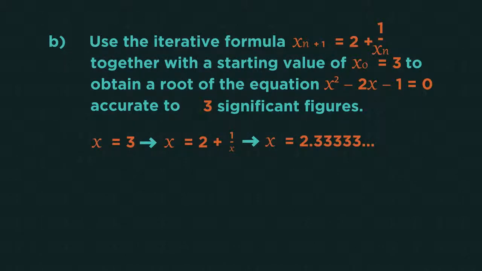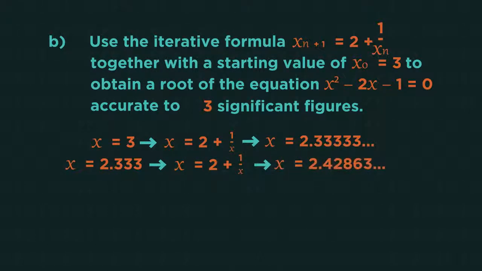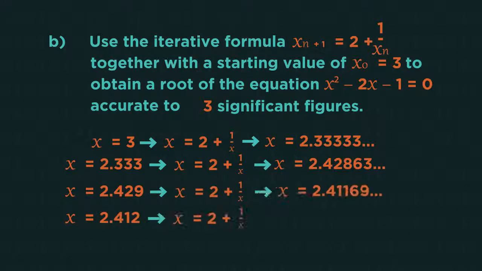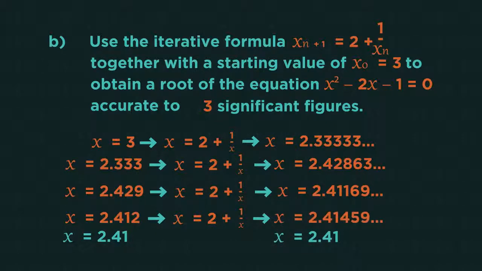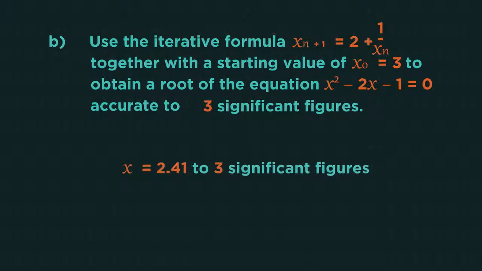This isn't the same as 3. So now we put 2.333 into the formula and keep going until the input and output are the same to 3 significant figures. Rounded to 3 significant figures, 2.41 goes in and 2.41 comes out. This is the final answer.